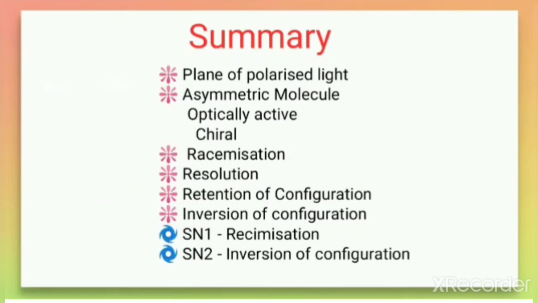Here we have discussed terms like racemization, resolution, retention of configuration, and inversion of configuration. By applying all these concepts, we concluded that in SN1 mechanism, the reaction takes place by racemization, but in SN2 reaction, the reaction proceeds by inversion of configuration. So it is quite an important topic that we have discussed in this video.